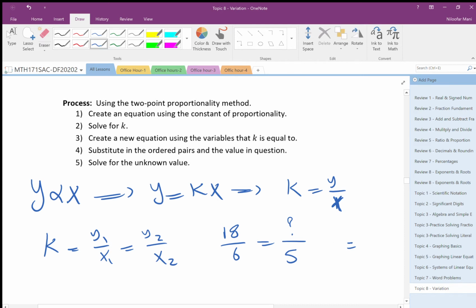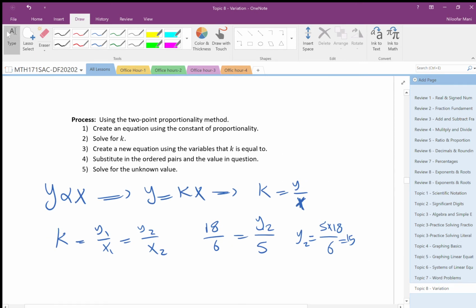So y, or y for the second situation. So y2 is 5 multiplied by 18 divided by 6, which is 15. Yes, that's the answer. So I create the equation, I use the constant of proportionality, now I solve for k and then create a new equation.